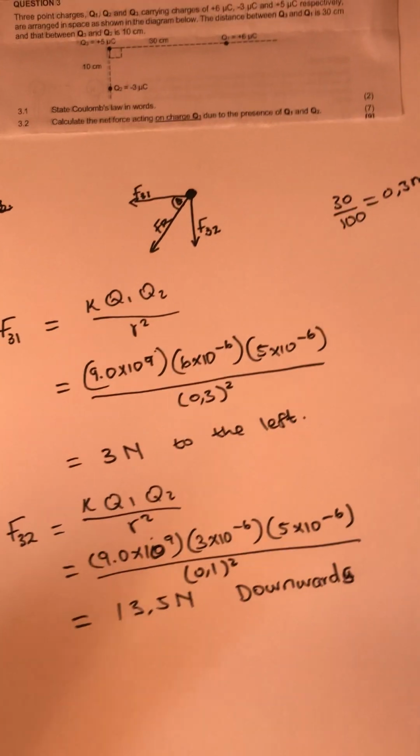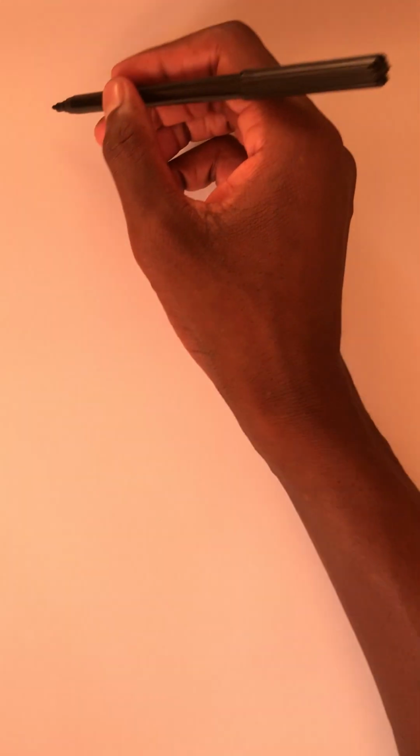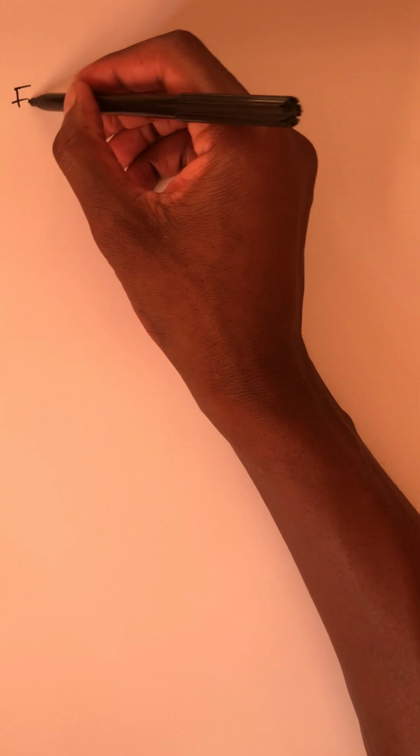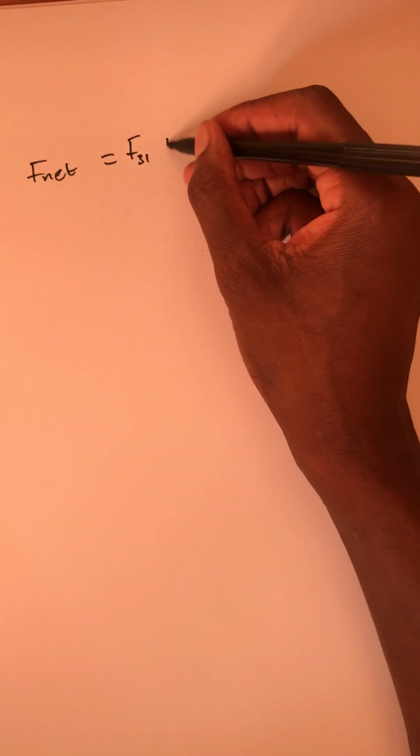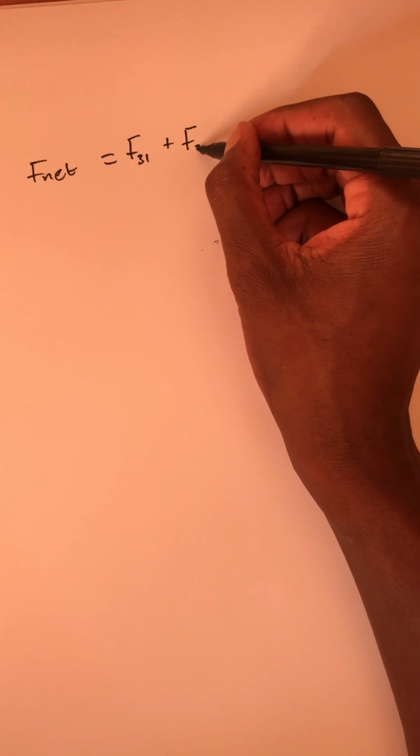So from here, let's move to the next page. Now we see F net is equal to the electrostatic force 3 on 1 plus the electrostatic force 3 on 2.